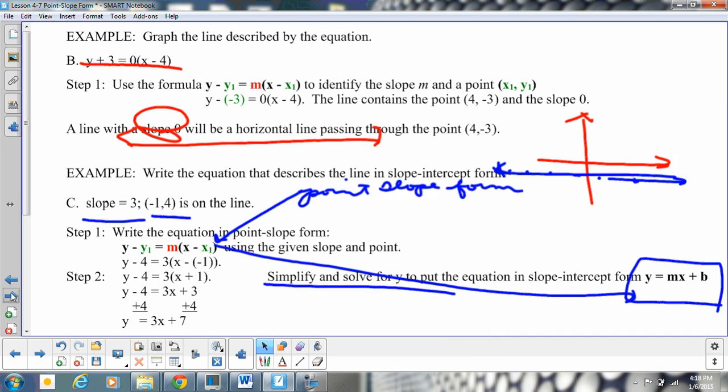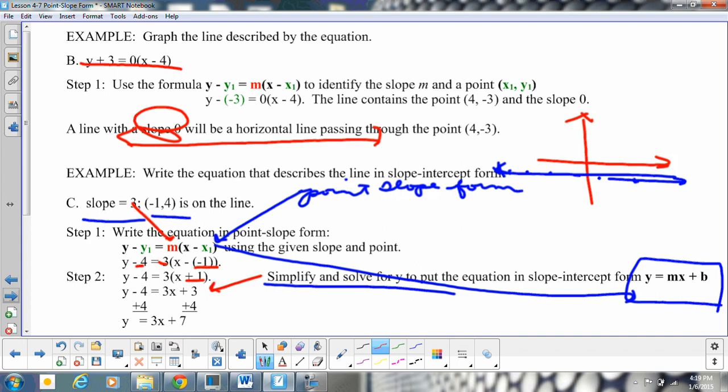So we're going to put our values in the point-slope formula. We're going to put a 3 in for our slope. We're going to put in the point (-1, 4). So it becomes y minus 4 equals 3 times (x minus -1), which becomes x plus 1. We simplify the subtraction by rewriting x minus -1 as x plus 1. Our next step is to distribute.